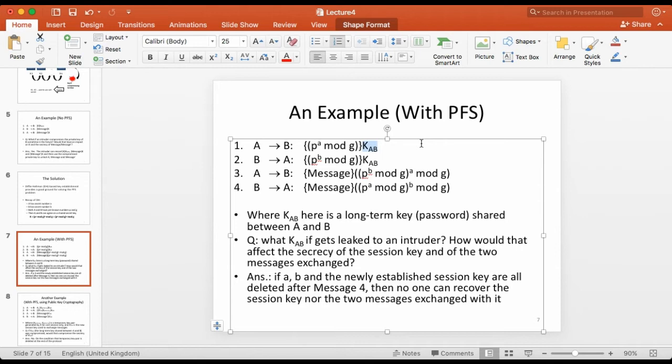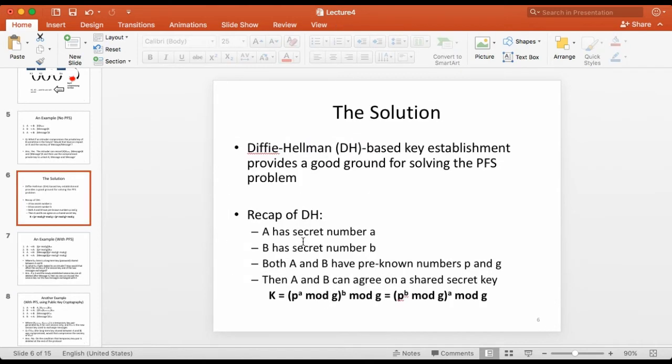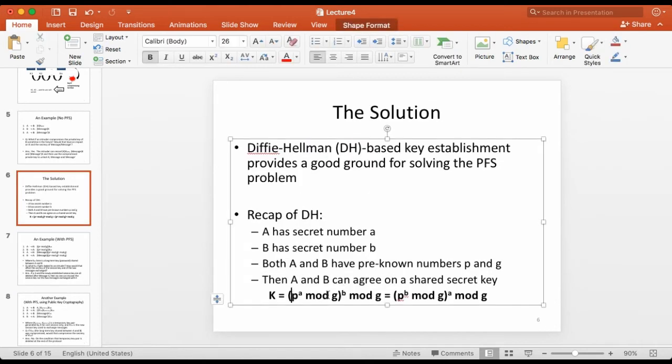This is like a long-term password or long-term key that A and B share with each other. Now, Bob, upon receiving this message, can easily decrypt it and release the internal part. Once he releases this internal part, he can go back and perform this side of the Diffie-Hellman calculation and therefore compute K.